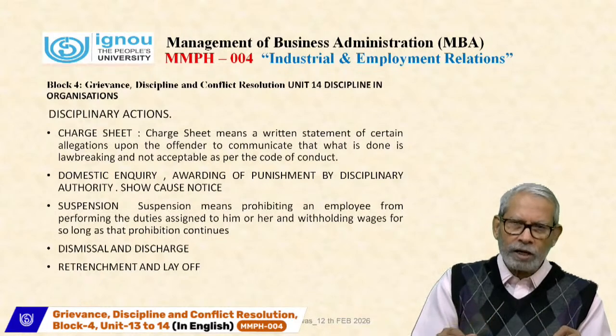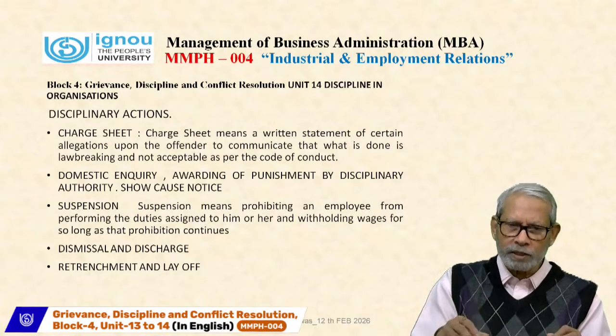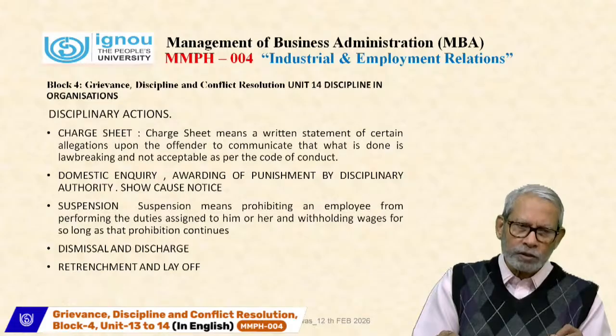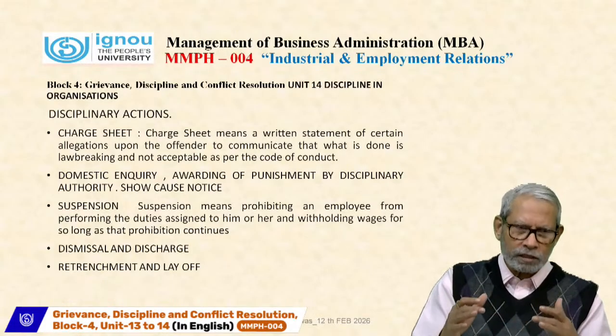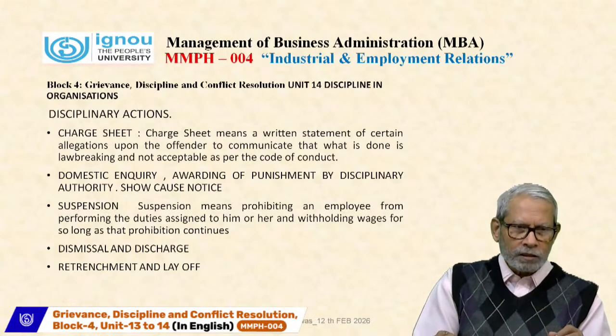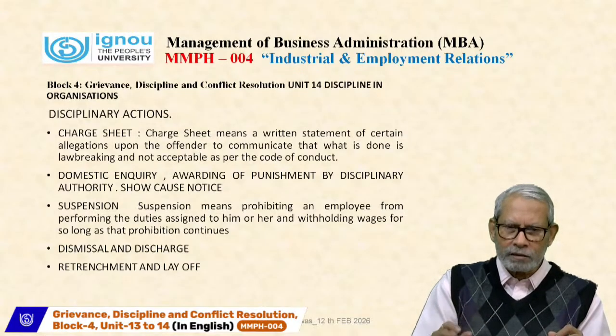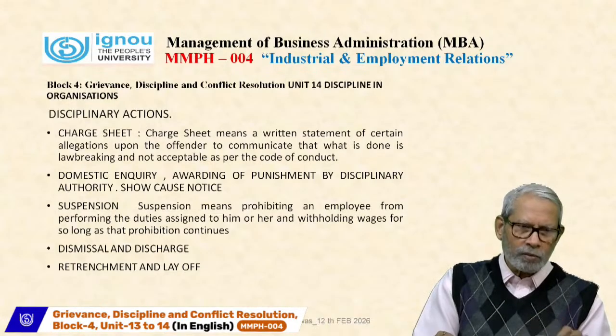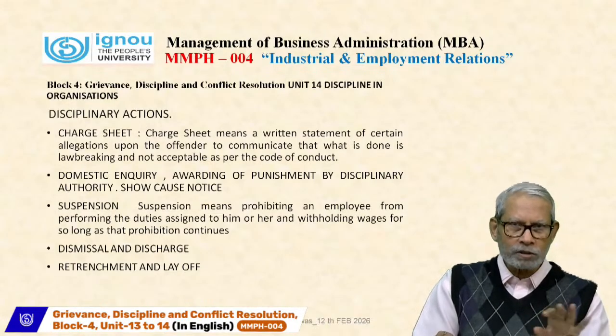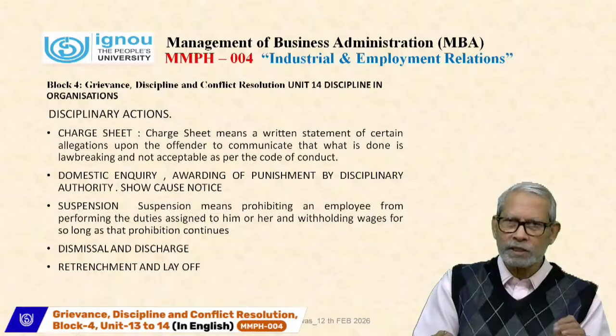Then domestic inquiry, then awarding the punishment by the disciplinary authority, and show cause notice. There are so many steps. Suspensions are there. Suspension means prohibiting the employees from performing their duties. You have to suspend them; you cannot come to the office and do your job.